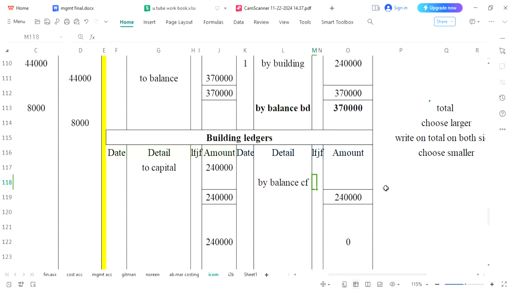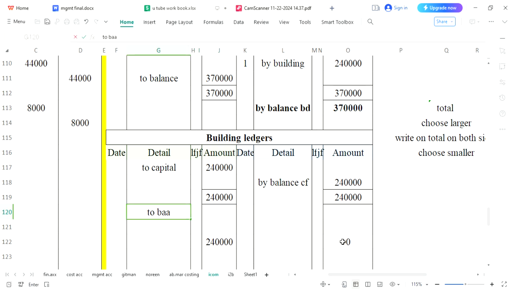How will you calculate this first balance? By subtracting the smaller amount from the larger amount. The larger amount was 240,000 and the smaller amount was 0. So in this way you have calculated your balance. The last step is to bring down this balance on the opposite side.